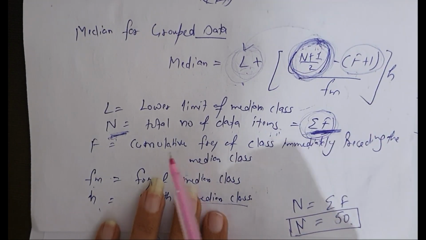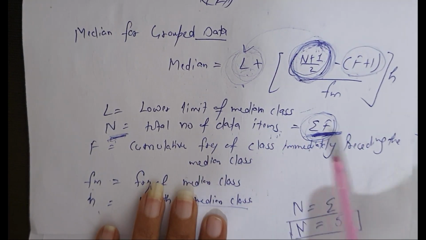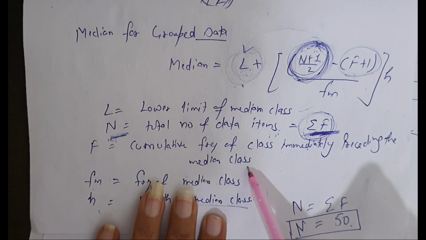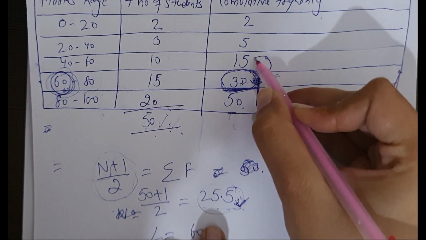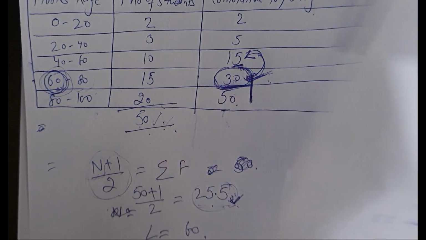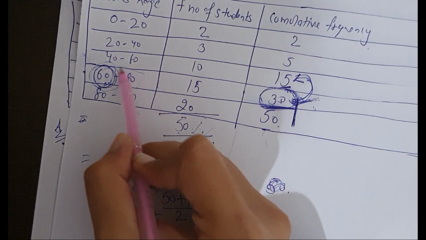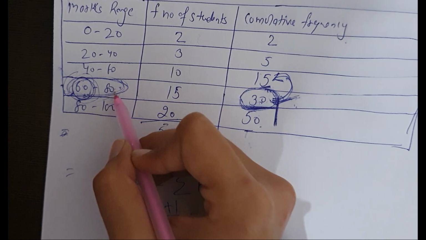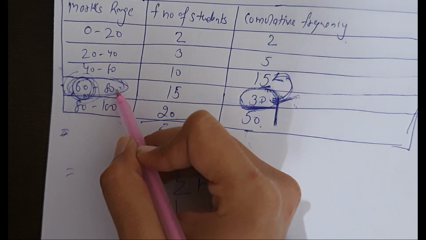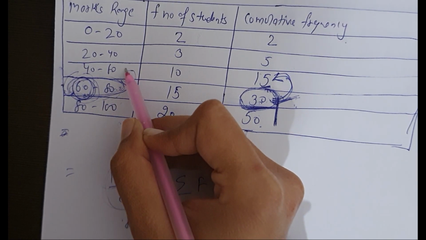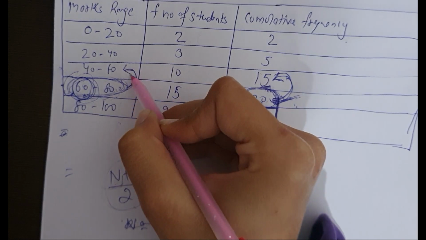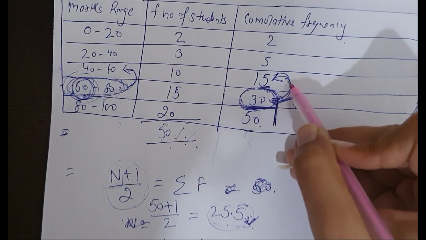What is f? F is the cumulative frequency of the class immediately preceding the median class. Here f is this. We have to take the cumulative frequency immediately preceding the median class. This is the median class. This is the class that is preceding it. We have to take its cumulative frequency.